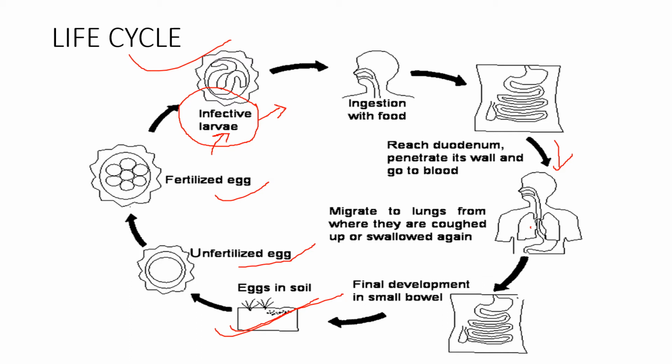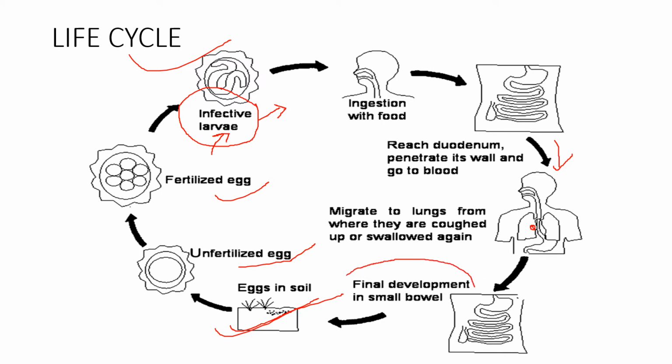Once they enter the lungs, the child starts coughing. When the child coughs, the worm also goes out from the lungs and is swallowed into the stomach and the small intestine.